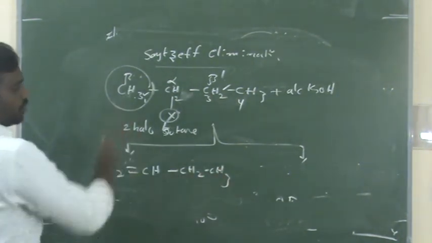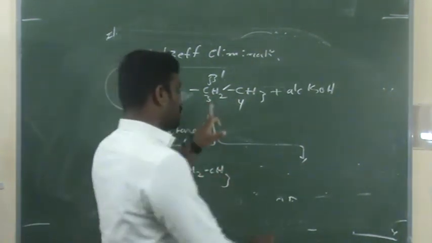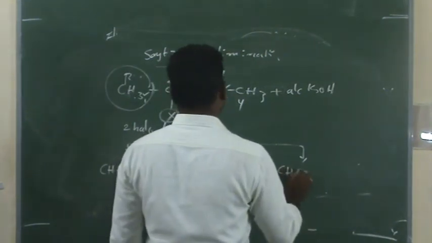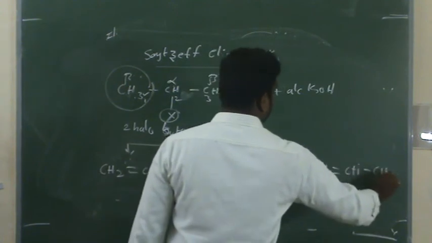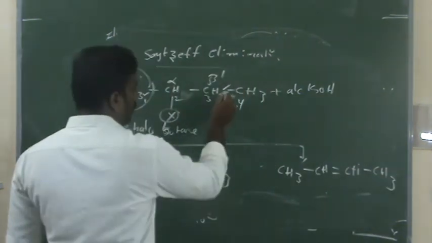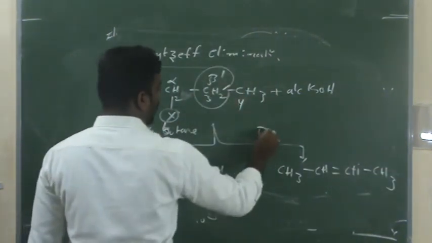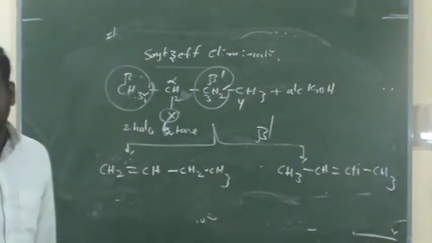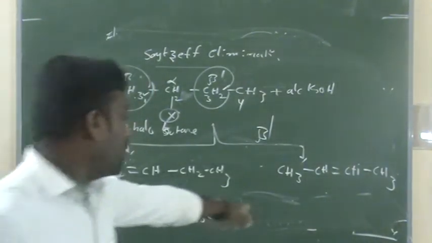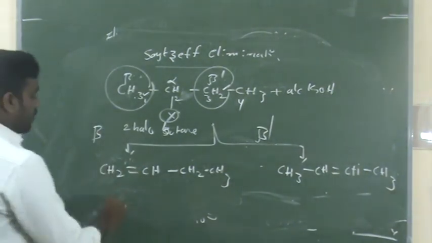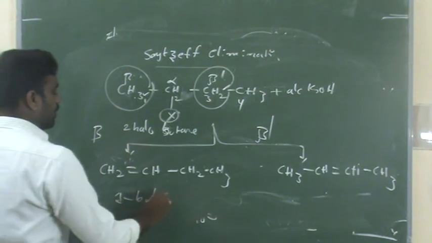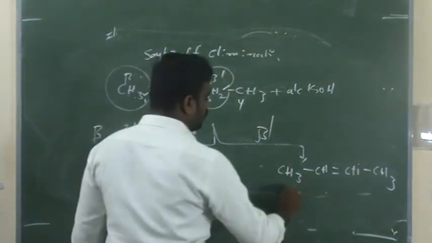If you remove it from the beta dash position, we get CH3, CH double bond CH and CH3. This first product is called but-1-ene, and this second product is called but-2-ene.